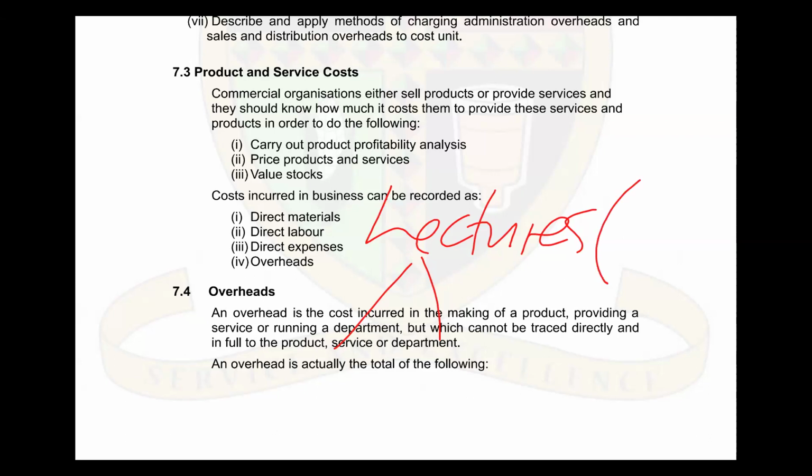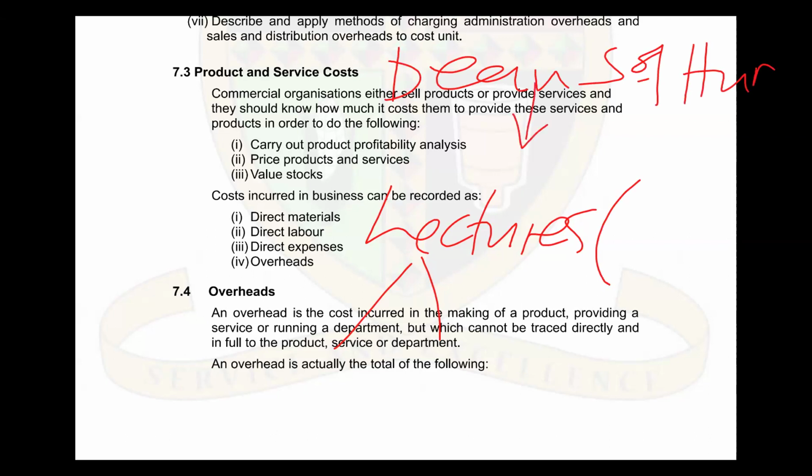Follow nicely. Beyond these same lecturers, there are people on top of them. For example, you have the dean of students, maybe the dean of students for humanities, sitting somewhere up there, followed by the HOD, the head of the department, maybe economics.